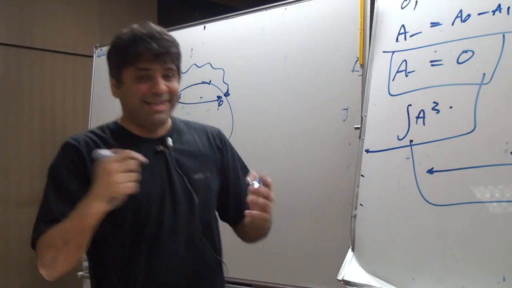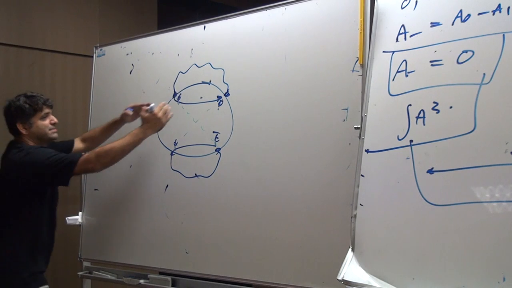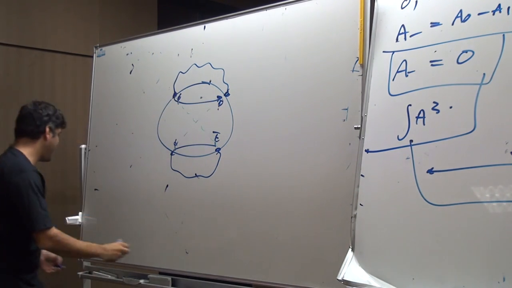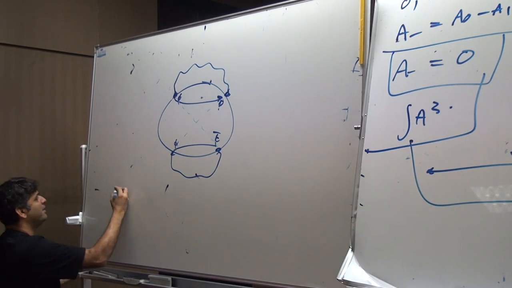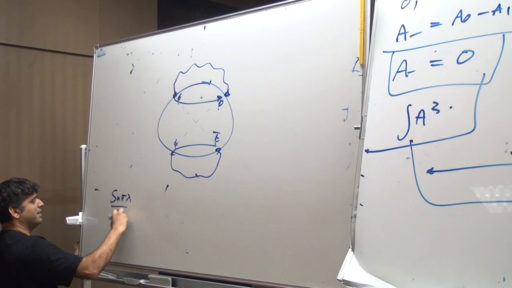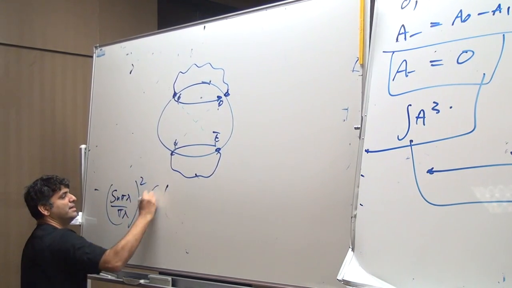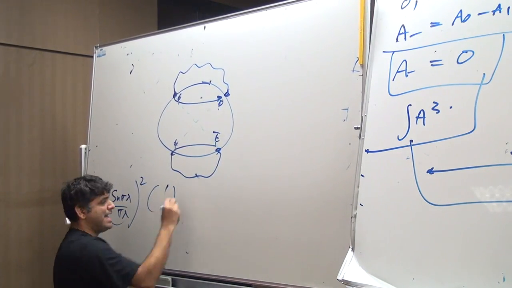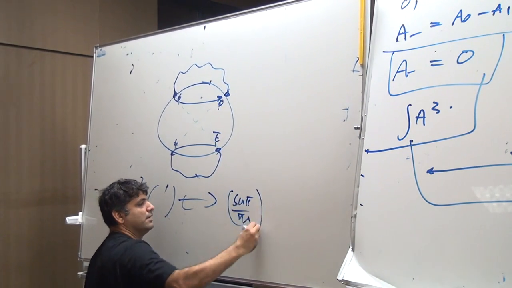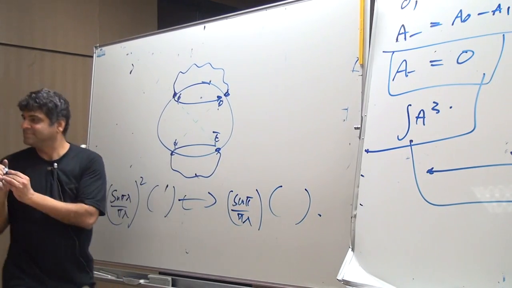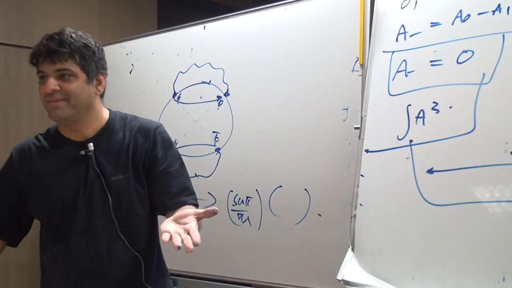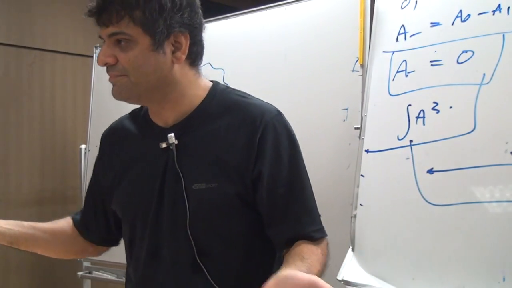But that tells you that the part without the dressing, the part that we actually compute, should obey a crossing relation: sine pi lambda by pi lambda squared times one of the S matrices analytically continues to sine pi lambda by pi lambda times the other S matrix. Just because two copies of the Wilson line give sine pi lambda by pi lambda squared, and one copy gives sine pi lambda by pi lambda.